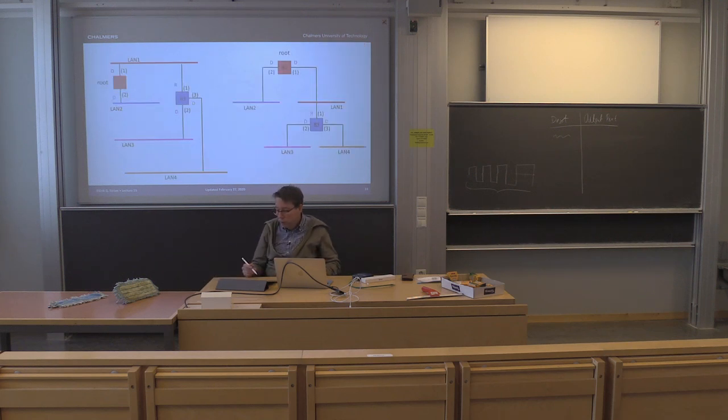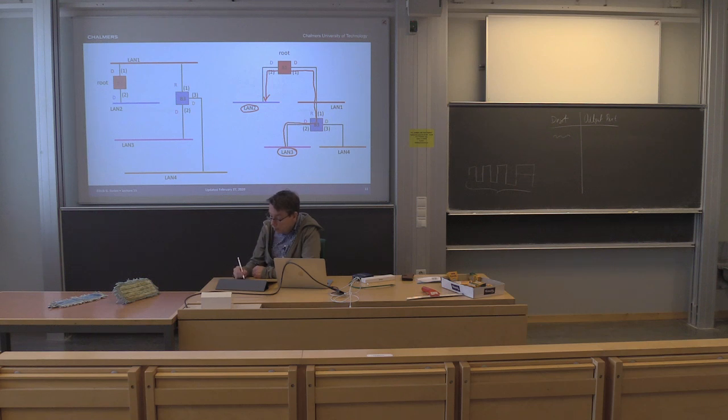Okay, so now when data needs to go from a LAN, say some data goes from LAN 3 to a host which is on LAN 2, the data goes like this. Right, after all the tables have been stabilized.